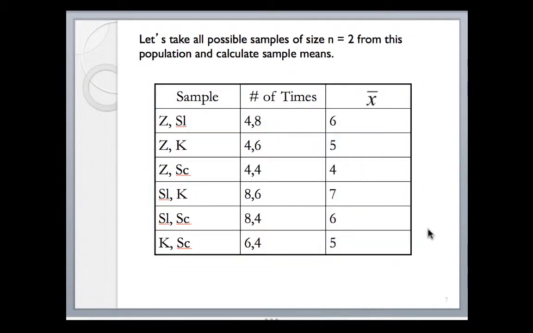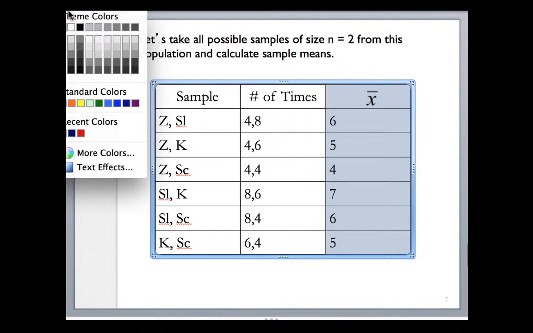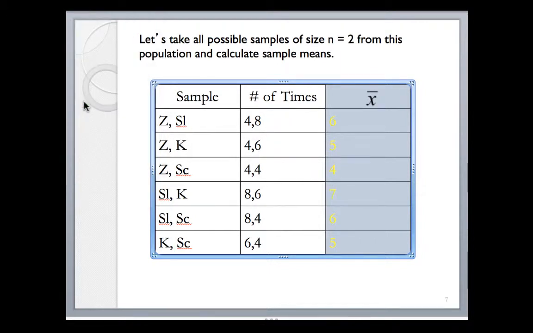Well, first off, this column is a sampling distribution for the mean. That's all possible samples of size 2, and from all possible samples we calculated x bar. So that is a sampling distribution of the mean. We'll go back to this in a second.